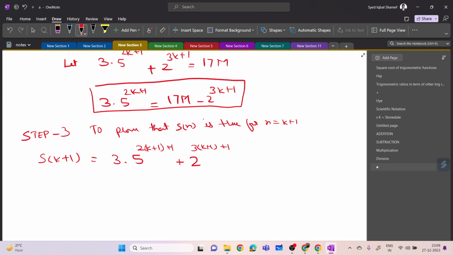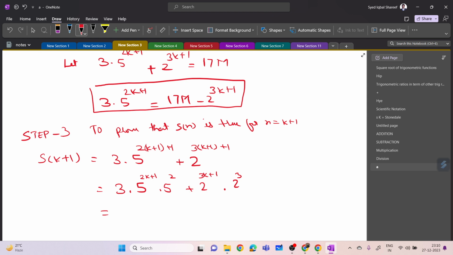Okay, now what I am doing: 3 into 5 to the power of 2k plus 1 into 5 square, plus 2 to the power of 3k plus 1 into 2 cube.